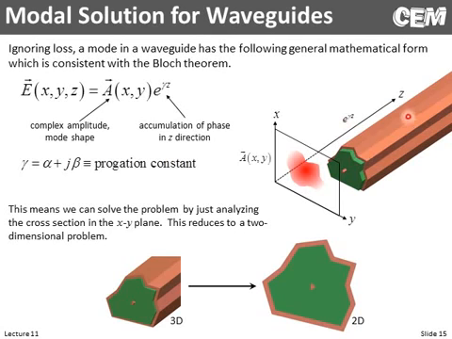So the overall total electric field anywhere in the guide can be written this way. Here's the total field. It's written as an amplitude term, which is describing what the field looks like in the cross section, and then a propagation term, which describes phase or decay and growth. If it's a lossless guide, which is a good assumption, then this is really just going to describe accumulation of phase.